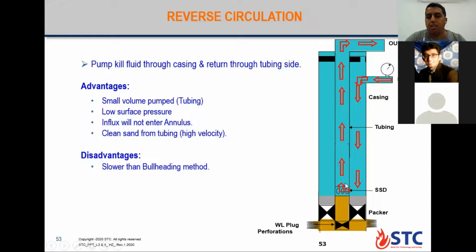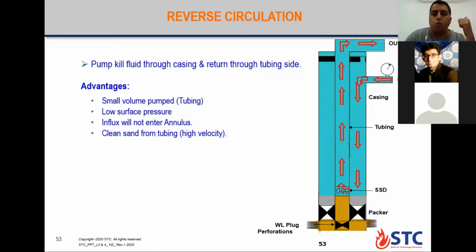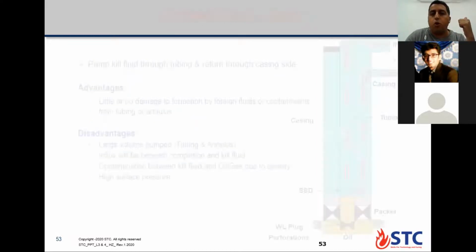So that means the ECD at the bottom of the well will be high. If the friction pressure plus the hydrostatic pressure during the reverse circulation exceeds the fracture pressure, we will have losses, especially in low fracture formations. That's why in this case I will use the forward method. Why?